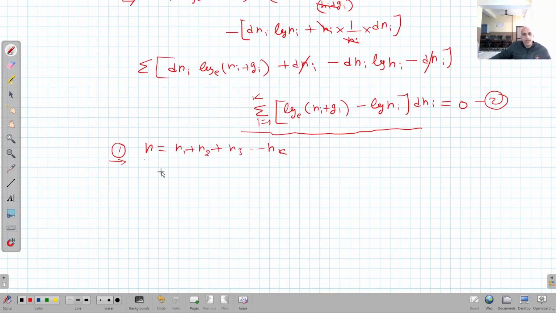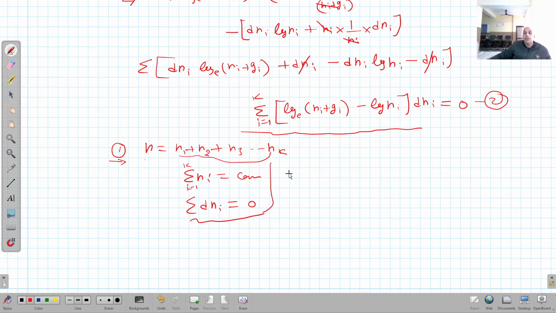As the total number of particles is constant, it means the summation of Ni, i going from 1 to k, is equal to a constant. It means the summation of dNi should be equal to 0, because the sum of all these particles is equal to N and this is constant. This is the first condition.